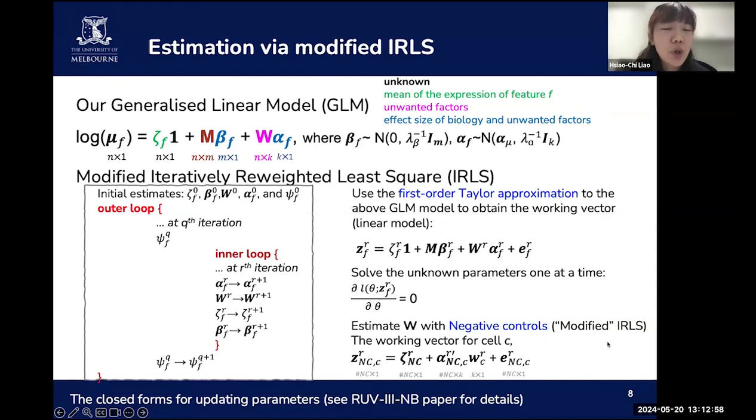And this is why we call the iteratively reweighted least square a modified version. And for the negative controls, we assume their biological effect to be 0. So we don't have this term in the working linear model for negative controls. All the details about the closed form for updating the parameters can be seen in the IUV3MB paper.